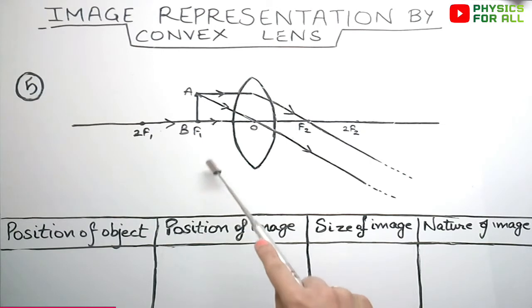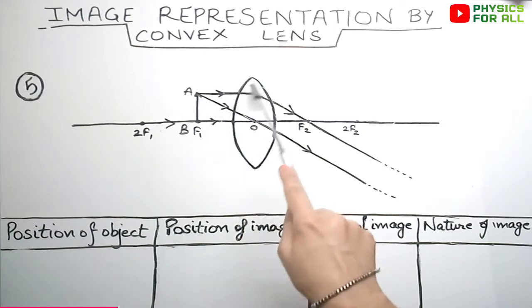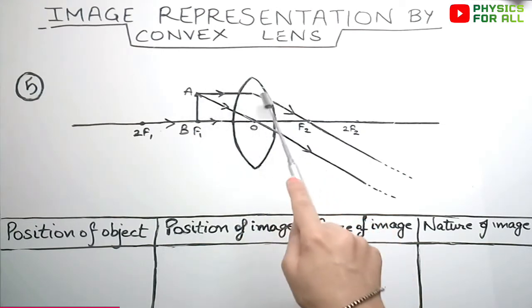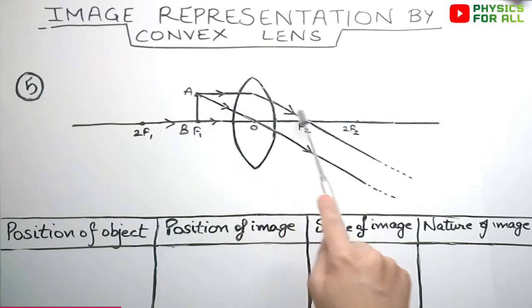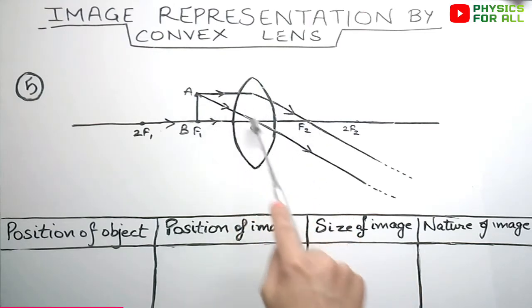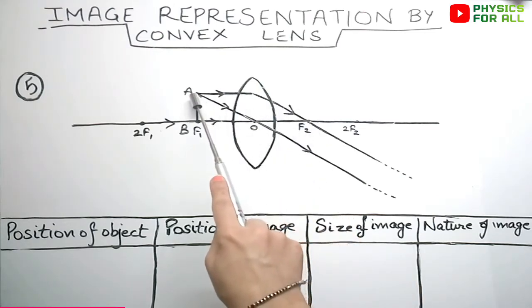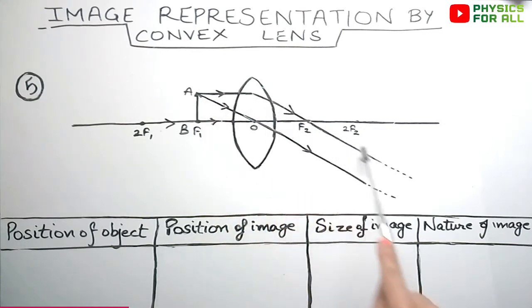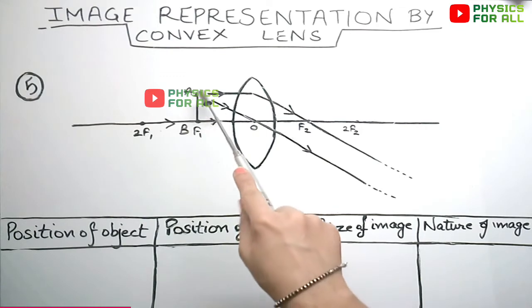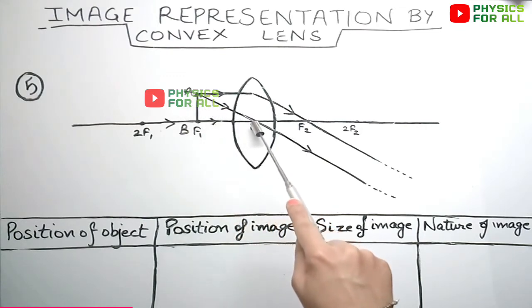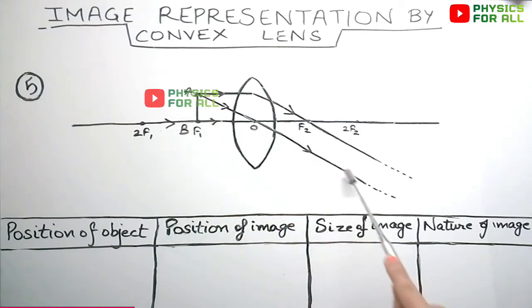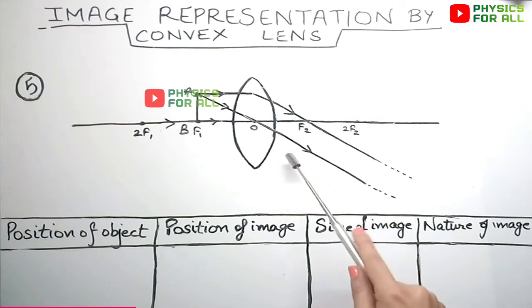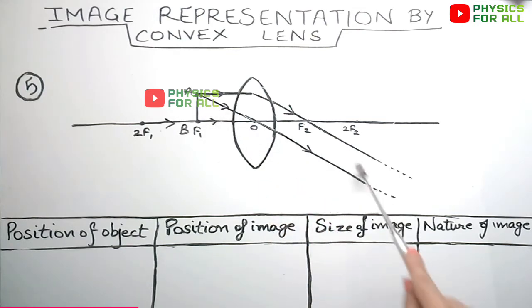So again, since it is a lens and it would offer refraction, light rays would pass through it. But again we have these two rays, the first one which is coming parallel to the principal axis after refraction will go through the principal focus, and the other one which is directed towards optical center will just emerge without deviation. So without doing anything, we can easily see that these two rays emerge as parallel rays.